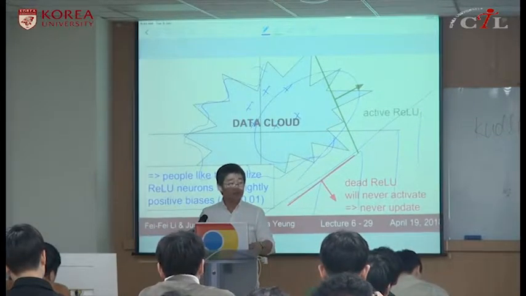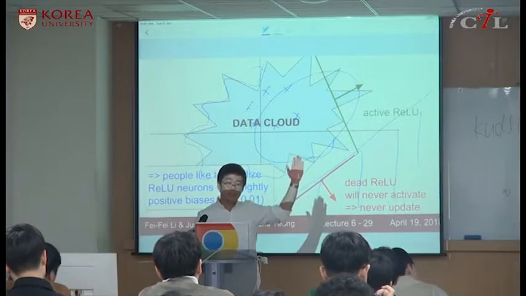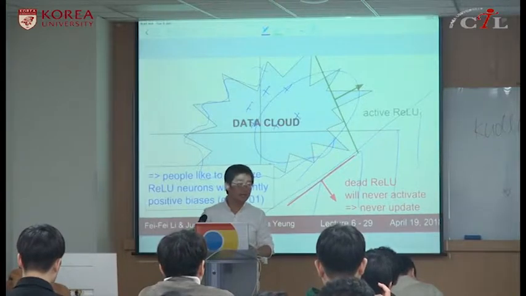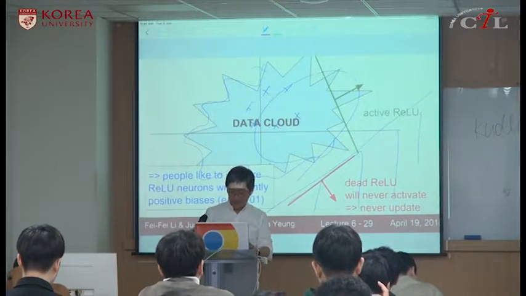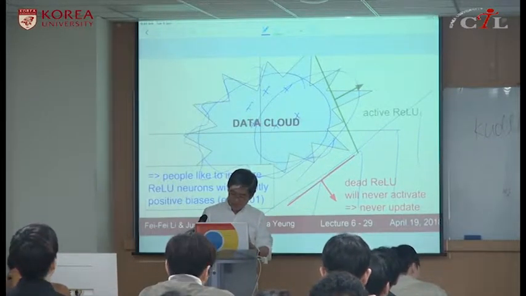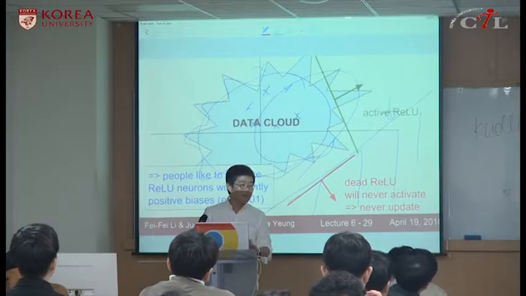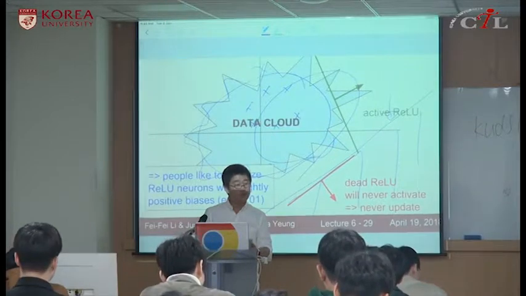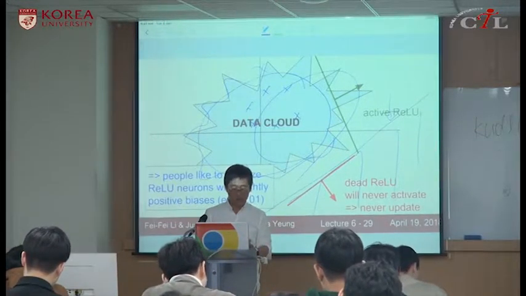Once we do the gradient descent update, this line gets changed into a different slope and a different y-intercept, while our data are all fixed. So once this phenomenon happens, it becomes a dead ReLU, and there are no chances for the corresponding parameters to get updated, right?